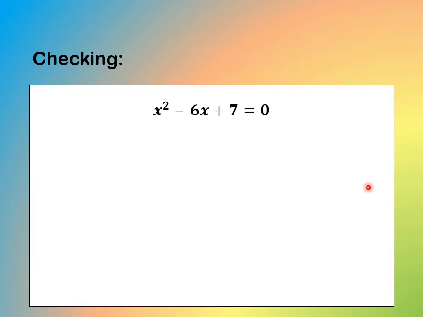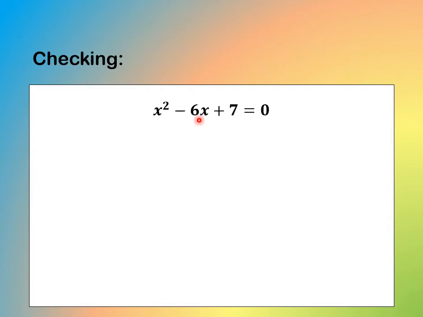Okay, so we have x squared minus 6x plus 7 is equal to 0. So, sa tingin nyo, kaya ba natin siya isolve using factoring? Factor ni 7 na kapag inadd mo daw ay 6, meron ba? Wala. So, pwede natin gamitin dito, pwedeng quadratic formula or completing the square.